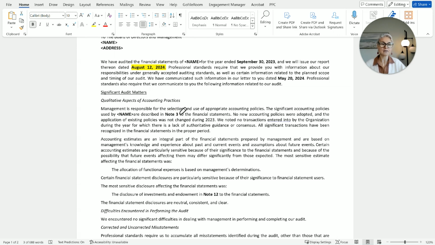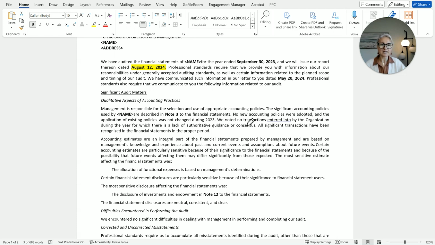So we're telling the board, take a look at the audit report. These are the policies. We're also telling the board that no new accounting policies were adopted this year, because it's significant. If any new accounting policies were adopted or there was a change in accounting policies, it's very critical because it will affect financial statements, and auditors will indicate it here.